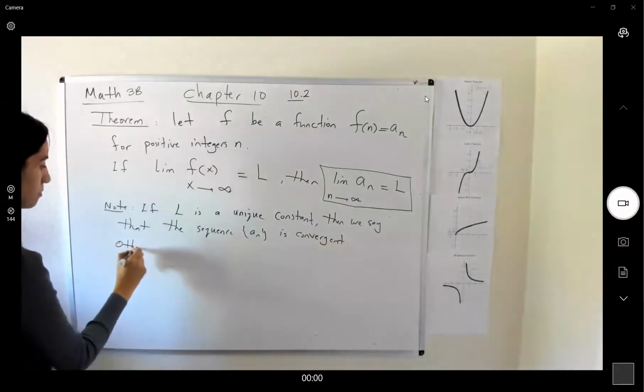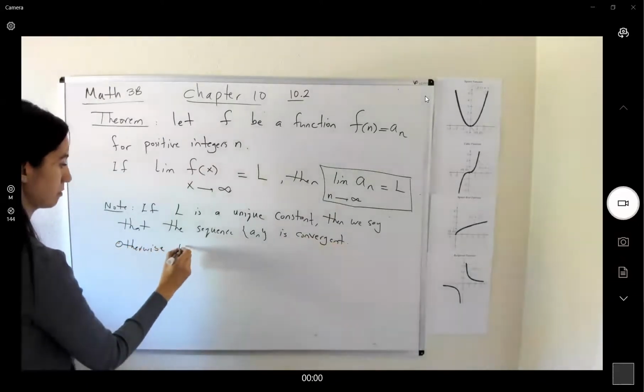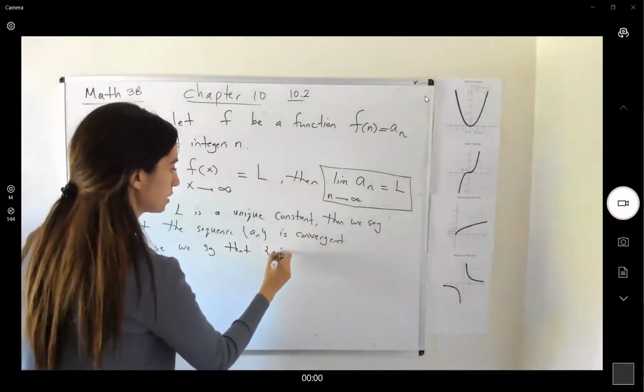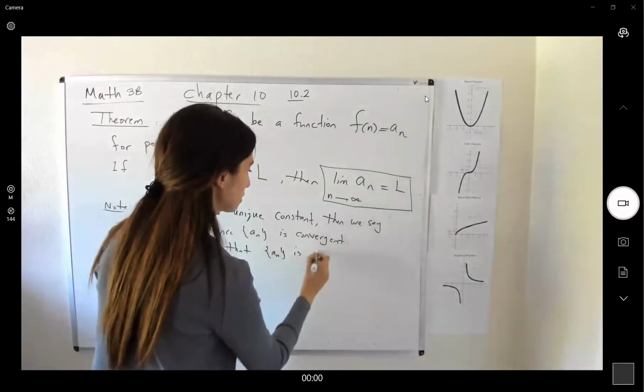Otherwise, we say that the sequence a sub n is divergent.